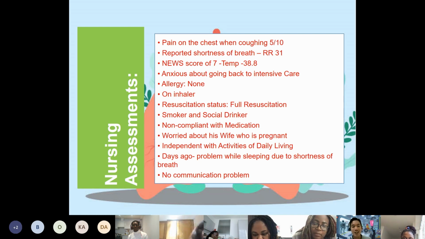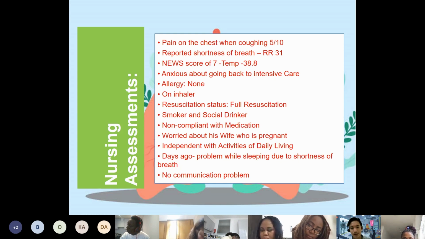Okay. So my challenge for you guys, I know you know the 8 scenarios for the OSCE. The 8 scenarios for the OSCE are fall and fracture. So what are the possible care plans for fall and fracture? Next is subdural hematoma. What are the possible care plans for subdural hematoma?